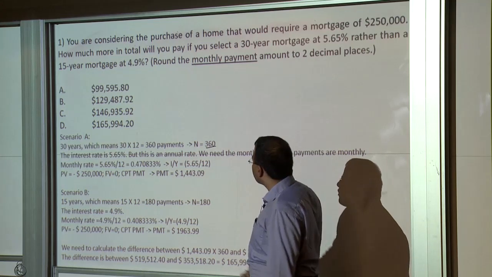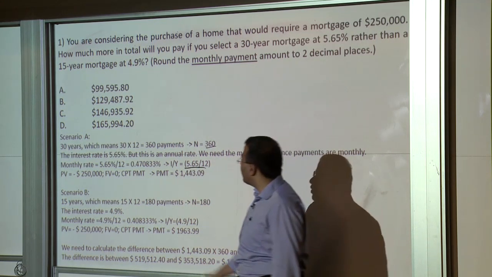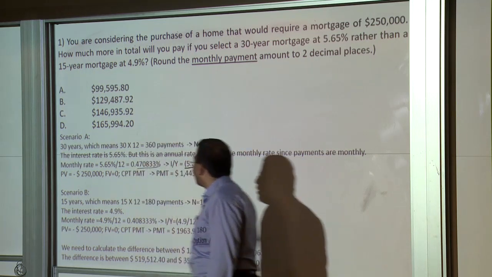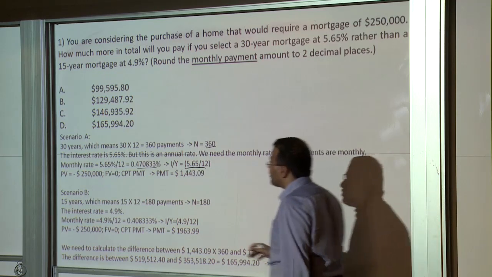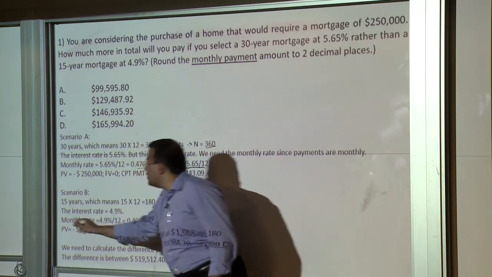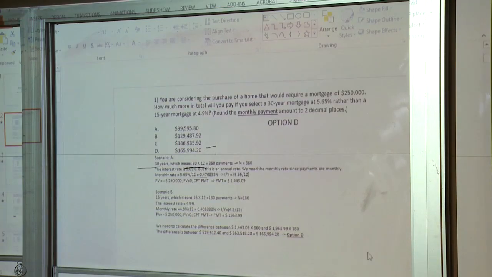The interest rate is 5.65, but we need the monthly rate, which is 5.65 by 12, or this number here. Now if you want to calculate the PMT on your calculators, it's a very, very simple step. You just have to feed in these points. So let's go ahead and try and feed these data points to the calculator.